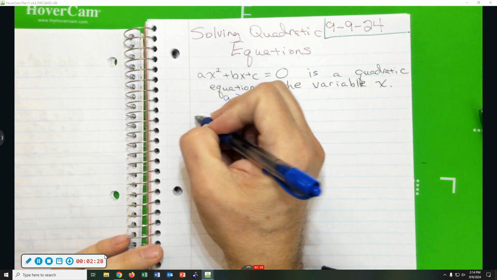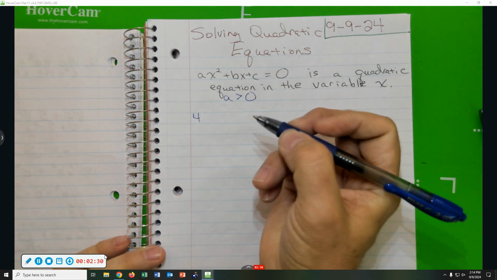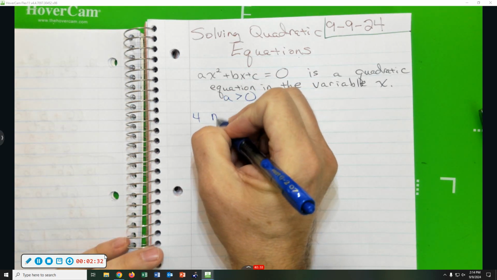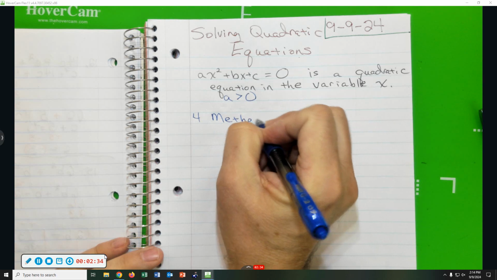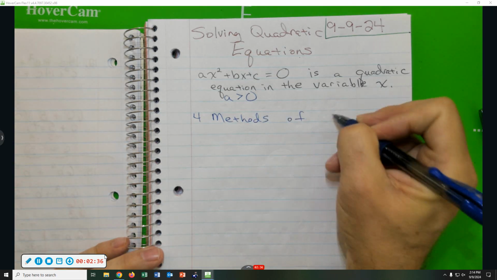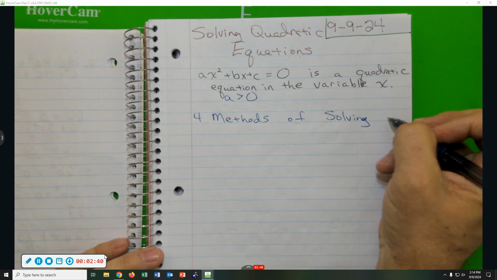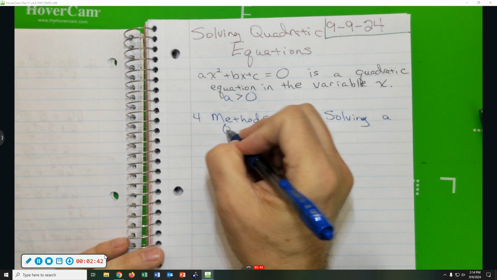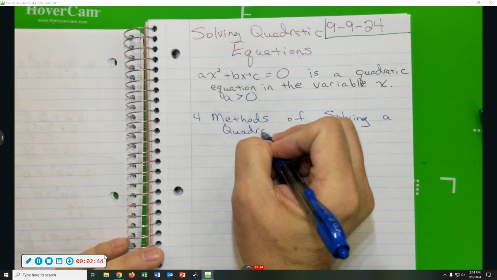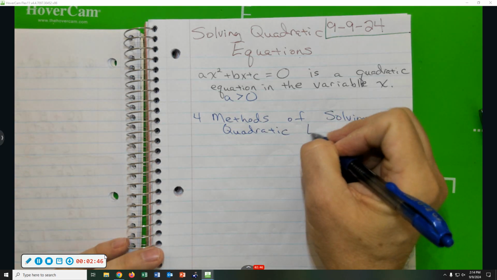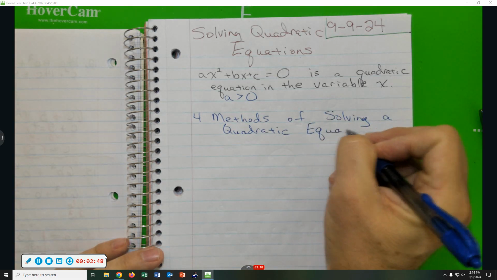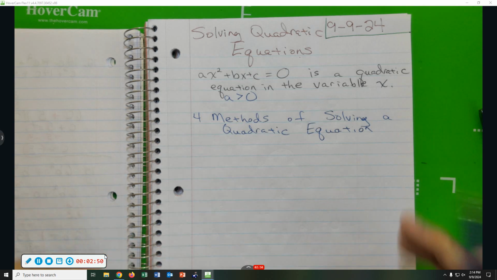There are 4 generally accepted algebraic methods of solving a quadratic equation. We're going to look at 3 of those methods today. We've already seen one of them, factoring.